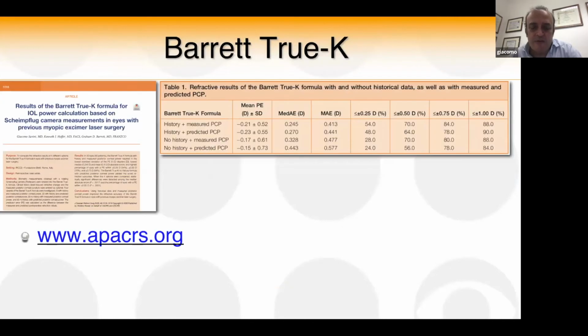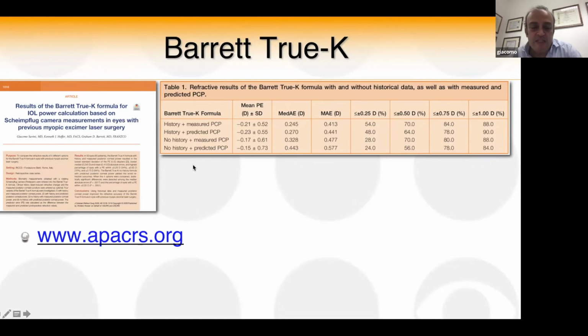What about the Barrett? I published a paper with Pentacam measurements some years ago, and the results were not so good if you use the Barrett True-K no history. Then Barrett wrote me an email. He was surprised by the bad results, with just 50% of eyes with the prediction error within half a diopter.